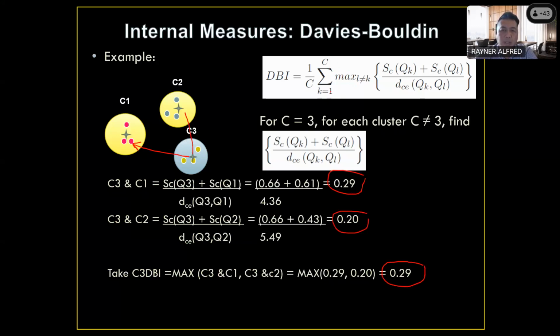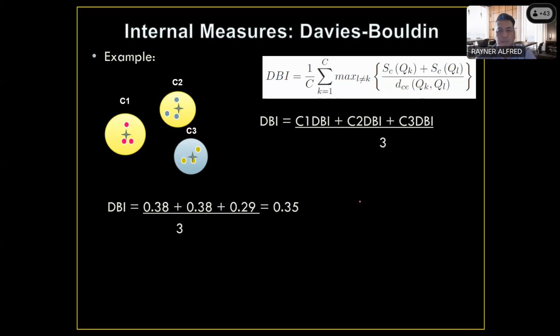Okay, so that is for all the means that we get. So we need to add up all this value and divide by 3 because of this. So we get 0.38, 0.38, 0.29, and divide by 3 because we have C here. So this is the average. Okay, so this is the quality of the cluster.